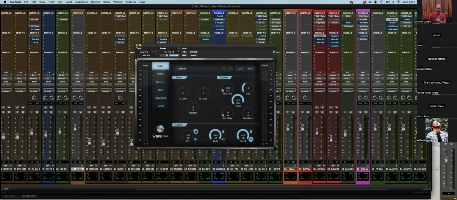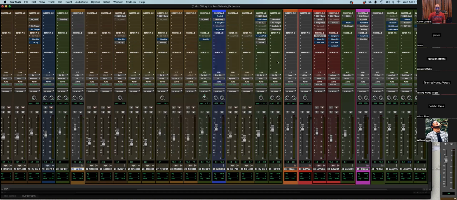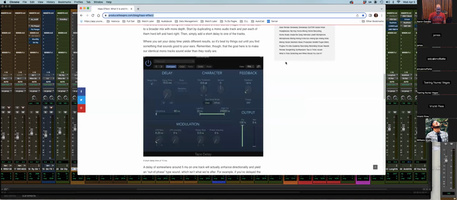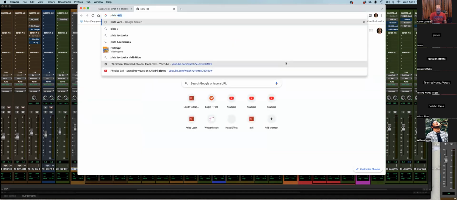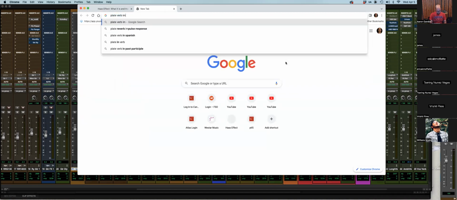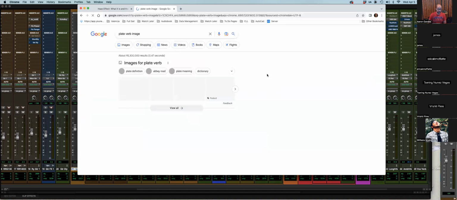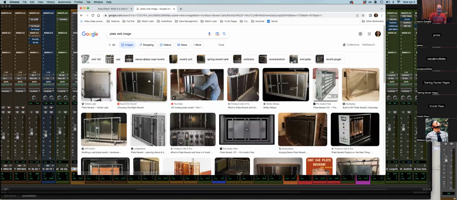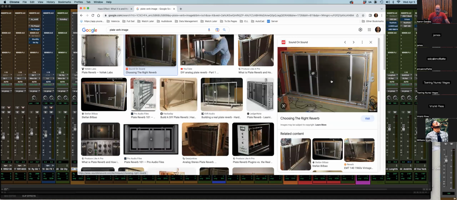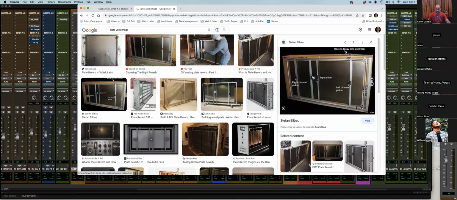But there are other verbs that don't fall under that category. Right? There are other verbs like plate verb, where this is a plate verb. This is not a microphone.